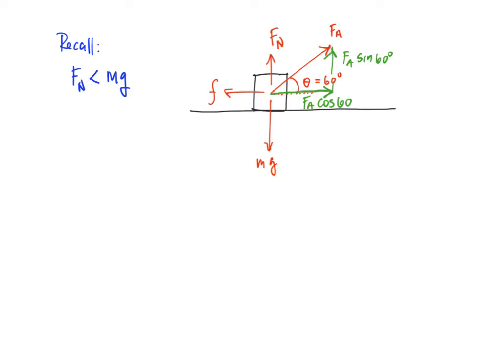And I just want to remind you that in the y direction, the two up forces, which are the normal force and this FA sine 60, the component of FA in the vertical direction, have to add up to the one down force, that's gravity. In other words, Fn plus FA sine 60 degrees has to equal mg. So that's just a little bit of a reminder, and that may come in handy as you try some problems later.